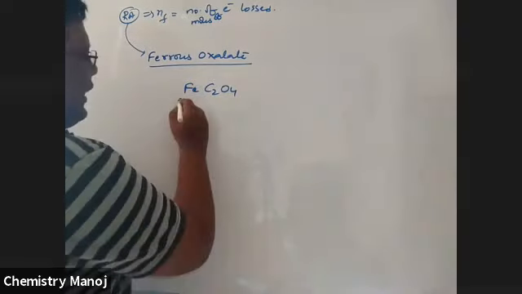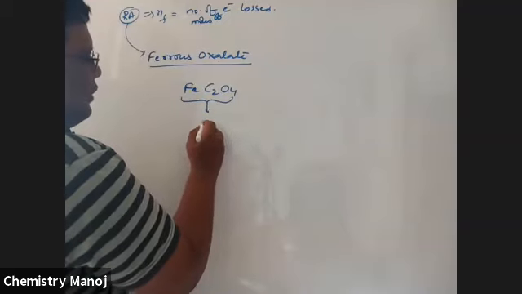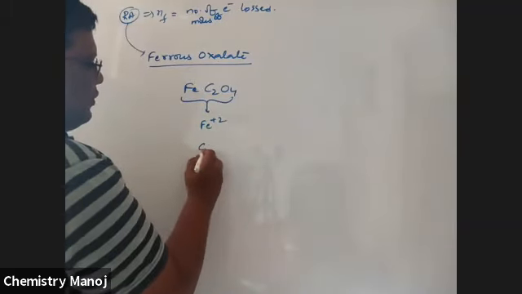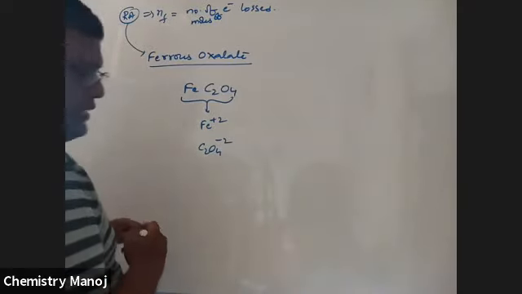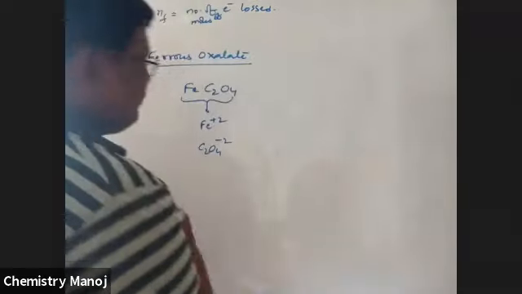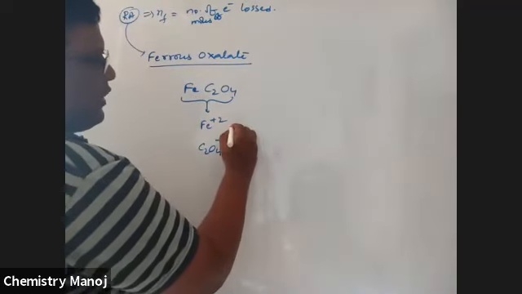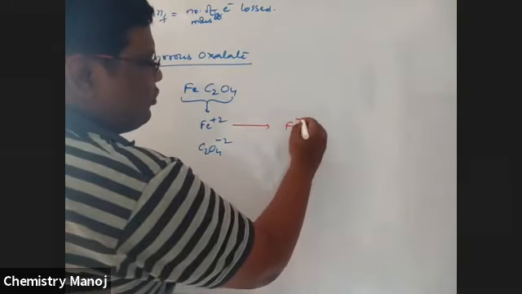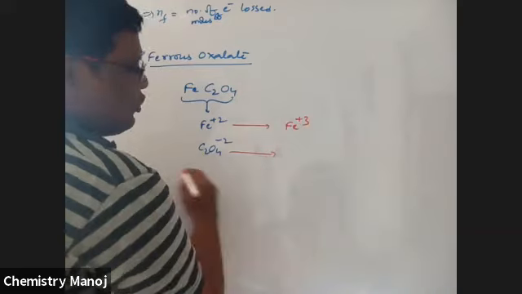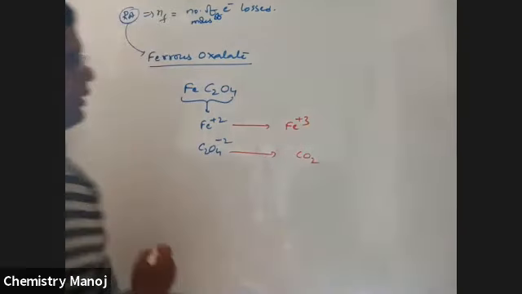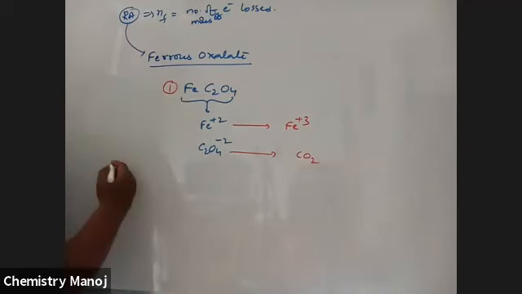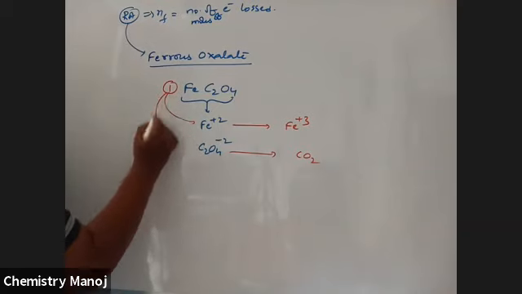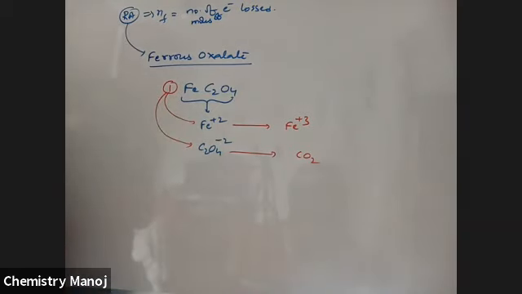This FeC2O4 contains Fe +2 ion and C2O4 -2 ion. When FeC2O4 is involved in the reaction, Fe +2 changes to Fe +3, and C2O4 2- changes to CO2. Now, how many electrons are involved in total? 1 mole FeC2O4 contains Fe +2 and also C2O4 -2.